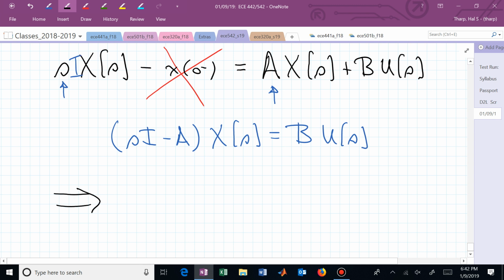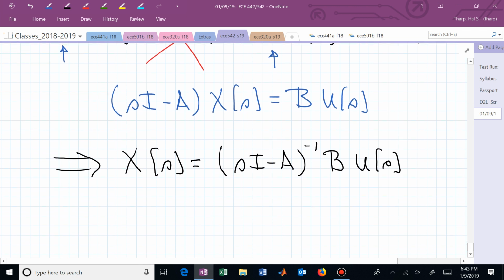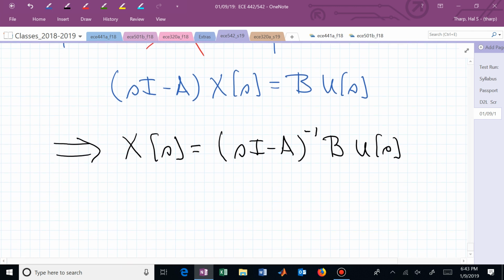I'm going to want to isolate the Laplace transform version of my state, and I can do that by multiplying both sides of that earlier equation by the inverse of that sI minus A matrix. And I'm almost home.